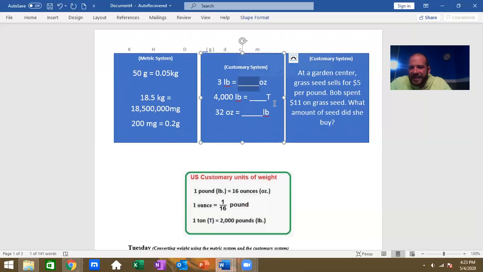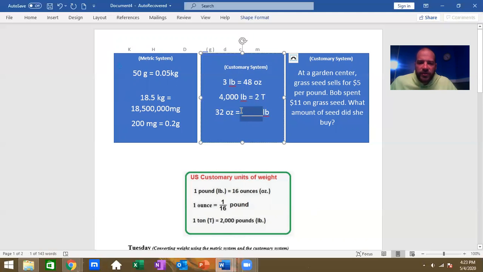So if every pound is 16 ounces, well, what if I have 3 pounds? Well, that's 16, 16, and 16. So 16 times 2 is 32, plus another 16, 48 ounces. If 2,000 pounds is a ton, I'm taking out as many 2,000s as I can from 4,000, and it's a whole number, so that answer is 2 tons. And then 16 ounces is a pound.